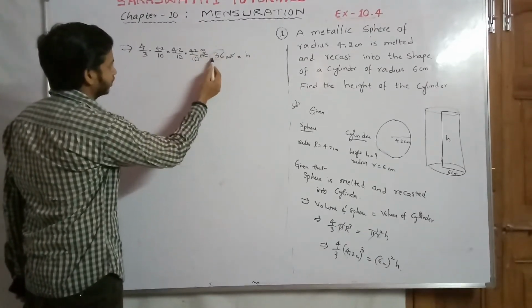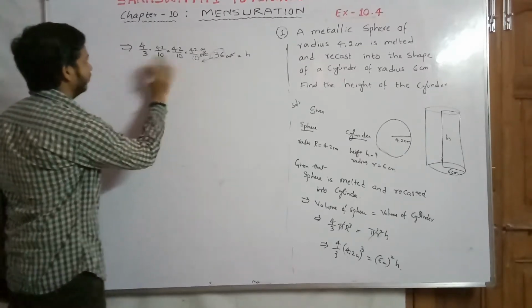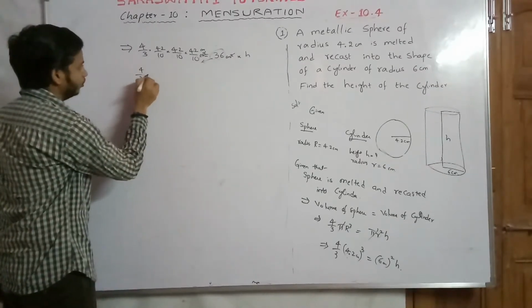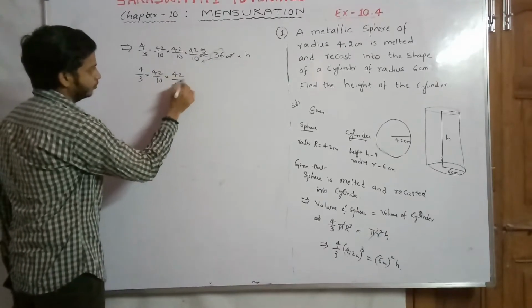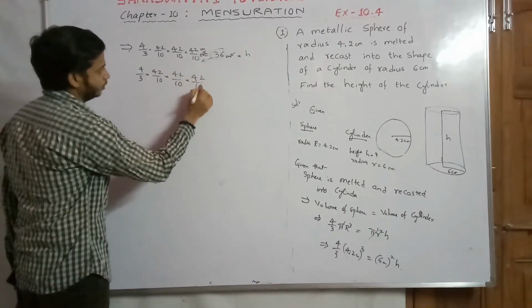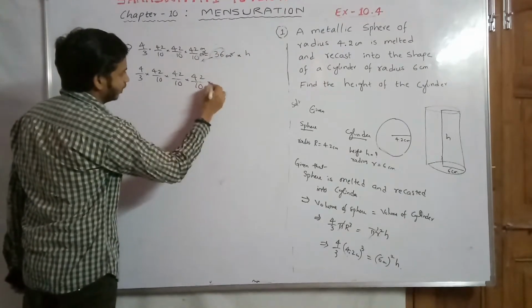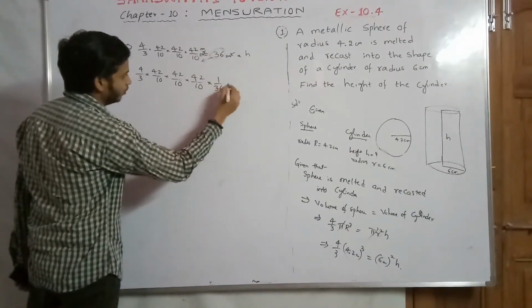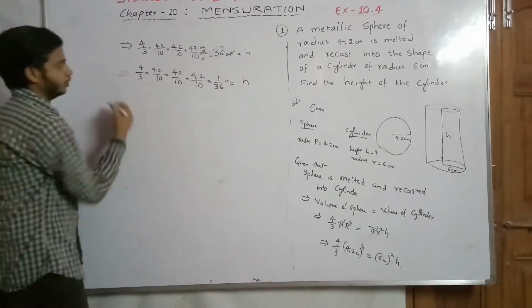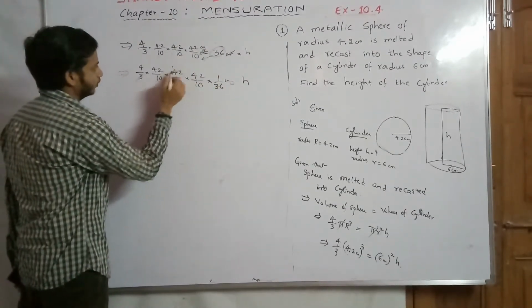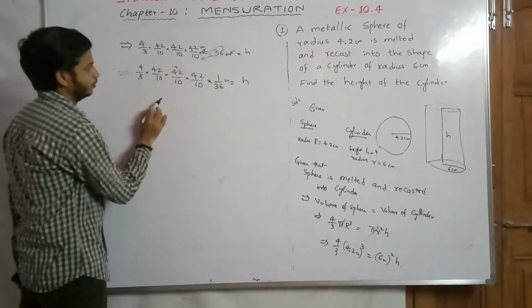Again this 36 comes to the left side and gets divided. That means 4 by 3 into 42 by 10 into 42 by 10 into 42 by 10, into 1 by 36, equals h, in centimeters. Now 3 ones are 3, 3 fours are 12.